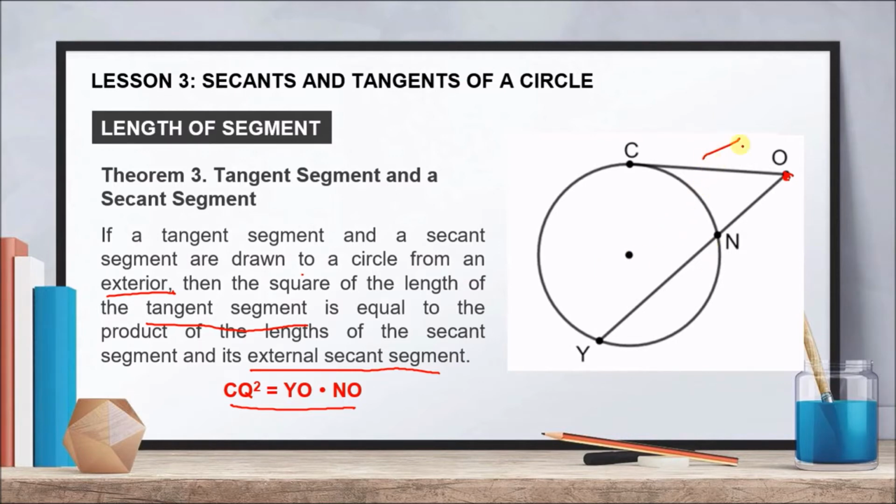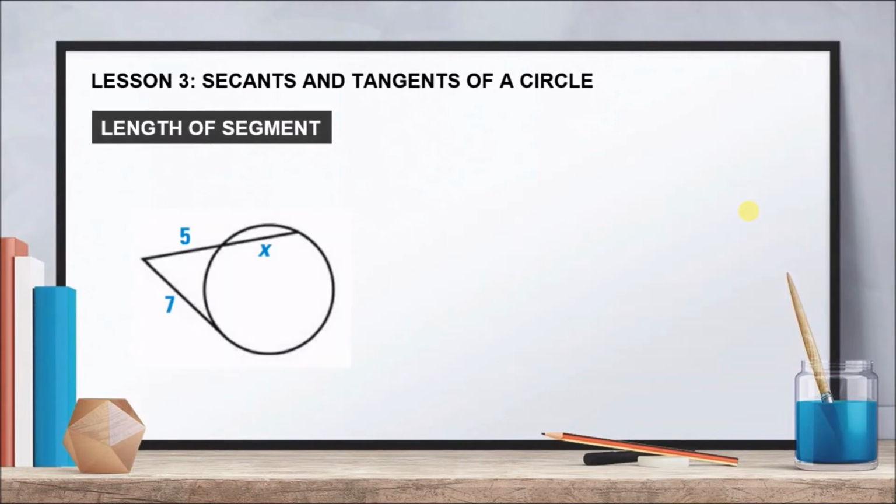Again, just square the tangent segment. Equivalent to that is the product of the whole secant times the external part of the secant. Through our example, you will realize that. Again, from this given drawing, we are going to solve for x. Let us try to show the solution.